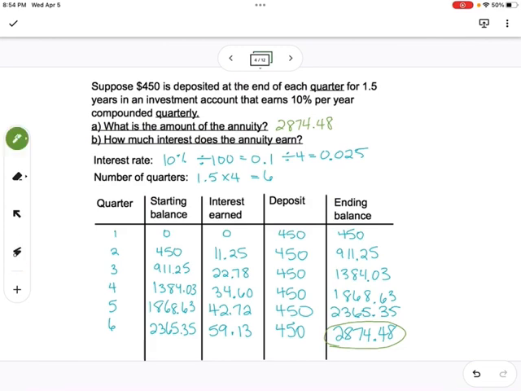So adding 11.25, 22.78, 34.6, 42.72, and 59.13. If we add all of these, we get a total interest of 174.48.